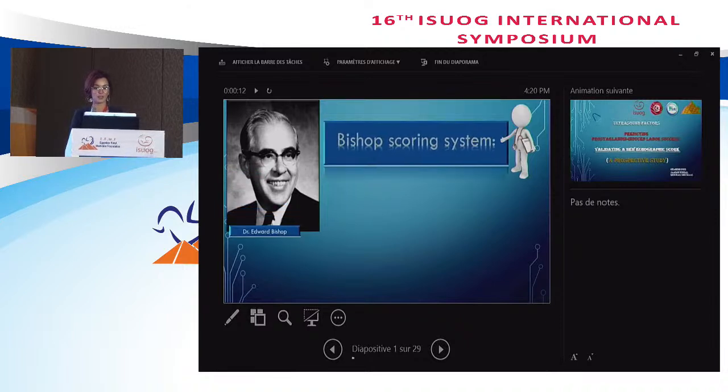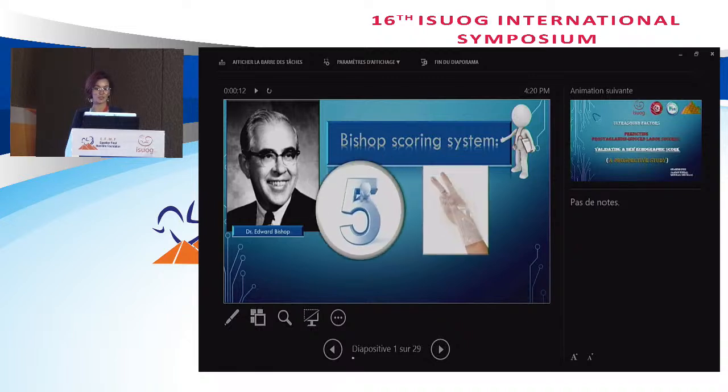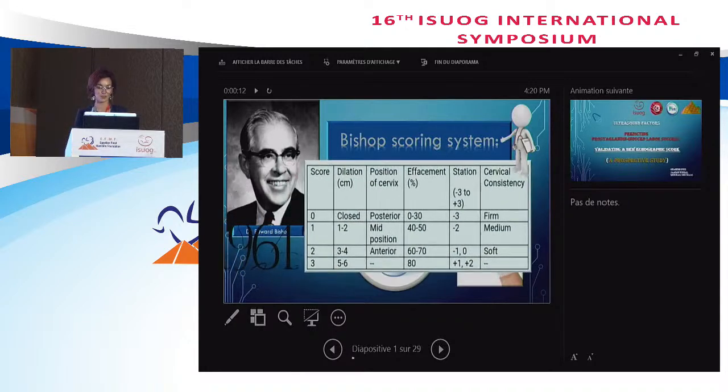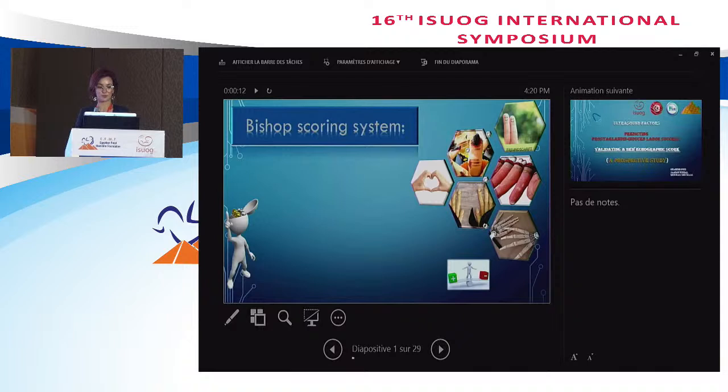We all know prostaglandin-induced labor, and we all know the Bishop scoring system, which is based on 5 items from the clinical examination. So the Bishop scoring system is available, but sometimes the cervix is not reached.